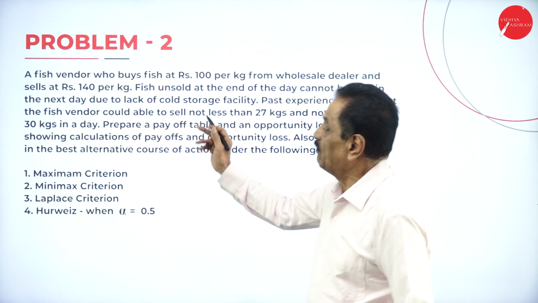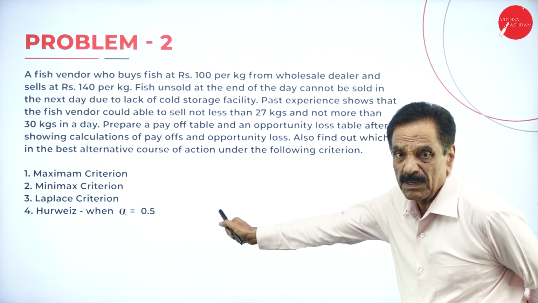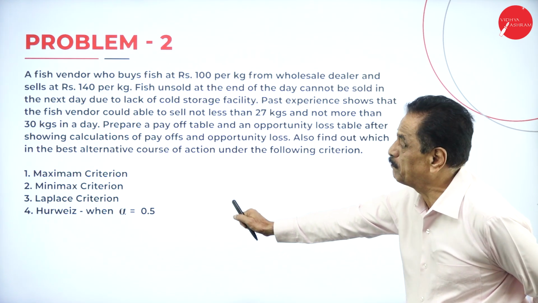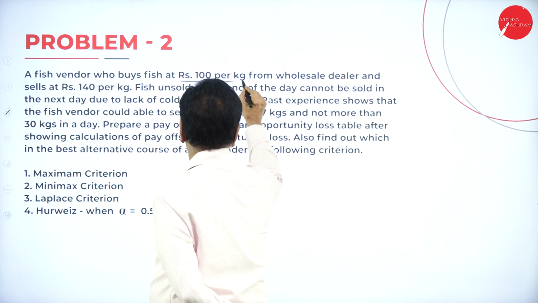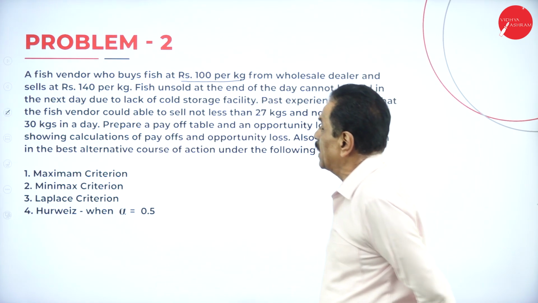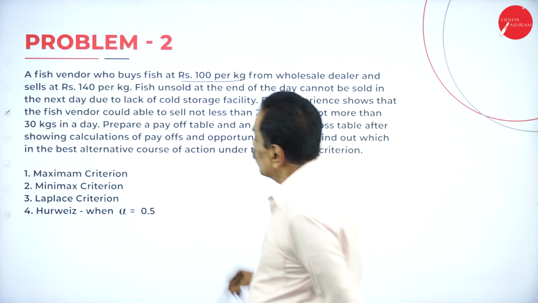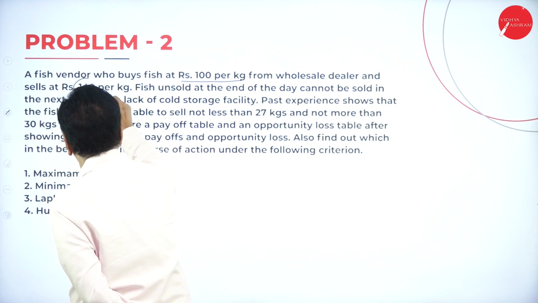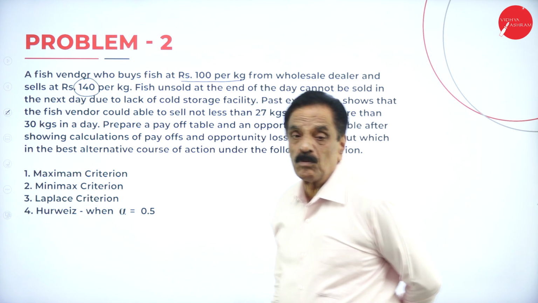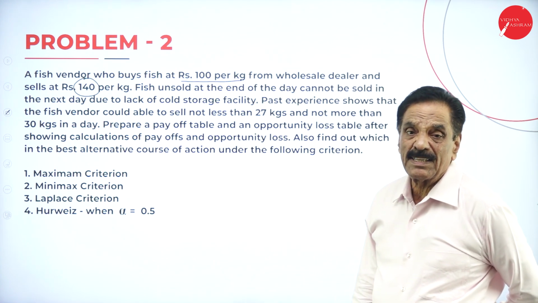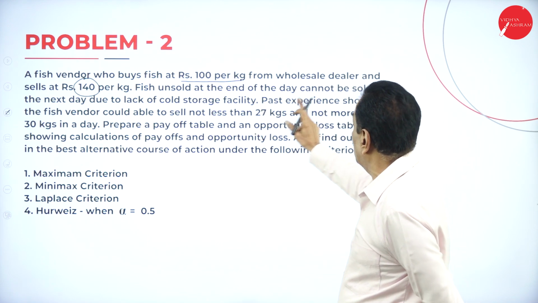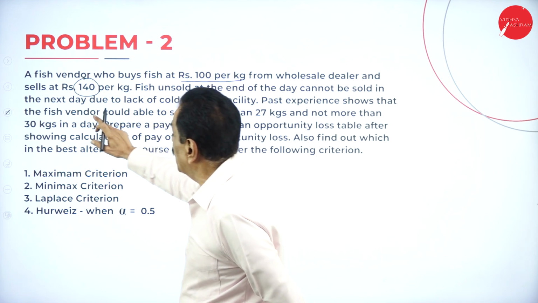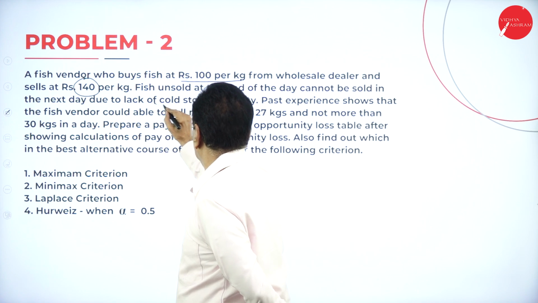This is a very good problem from the question paper. A fish vendor buys fish at ₹100 per kg from a wholesaler and dealer and sells at ₹140 per kg. This is most important: you must have the selling price and the cost price. Fish unsold at the end of the day cannot be sold the next day due to lack of cold storage.